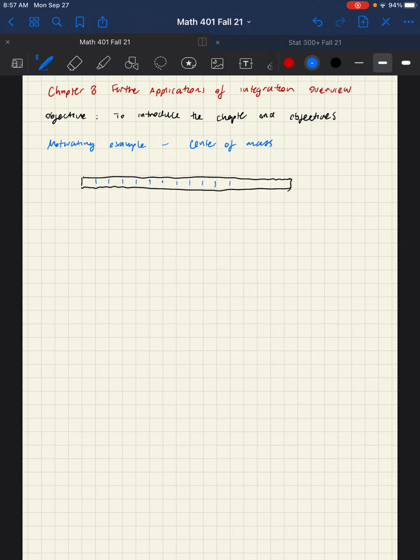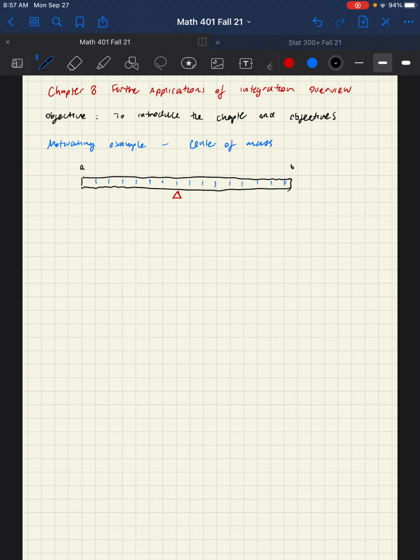So if we think about it as a one-dimensional object that's got uniform mass, in other words, the lines that I'm drawing here aren't representative of anything other than if you could see inside, it would look roughly the same density all the way through.